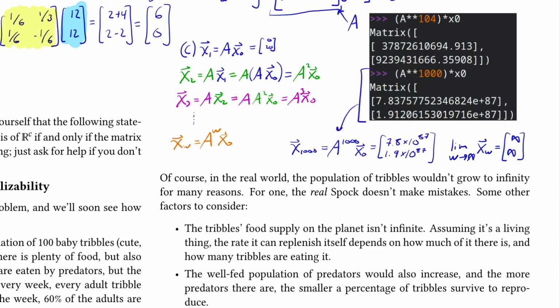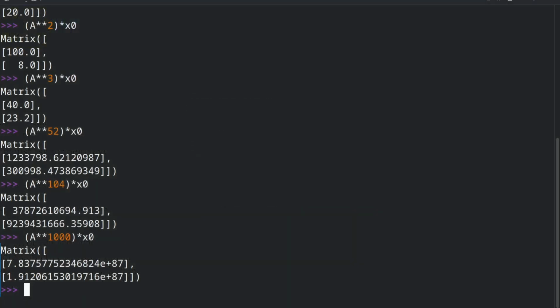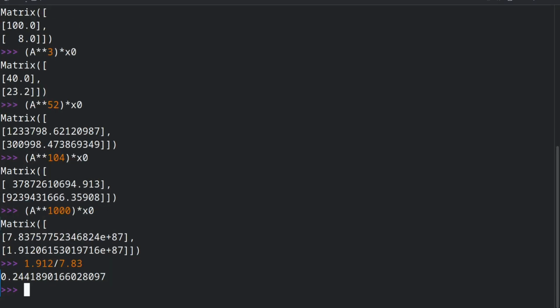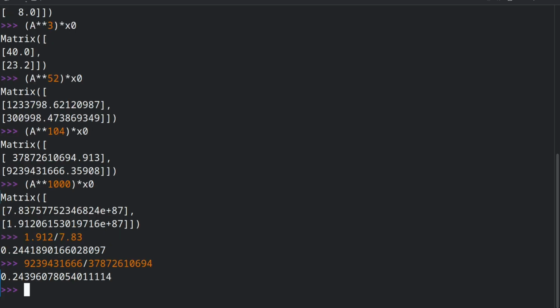Now, there's other questions you might ask about it, like, is the ratio of adults to baby tribbles always going to be about the same? Let's see if that's true here. If you do 1.912 divided by 7.83, that's about 24%. Also, if we take this after 2 years, we still get about 24%.